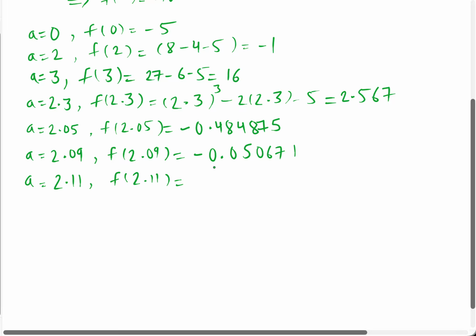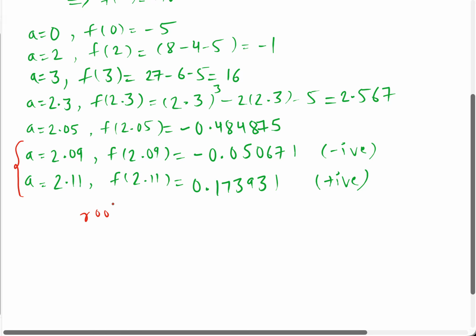It is 0.173931. Okay, now we have got two things. You see, here it is negative and here it is positive. So from these two values I'm confirmed that the root will be between these two.